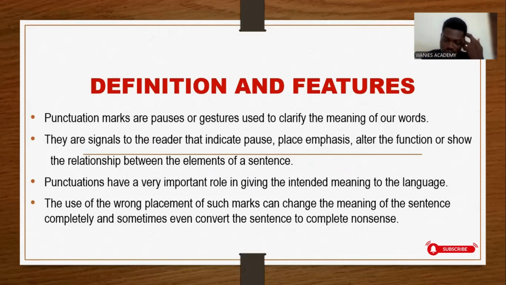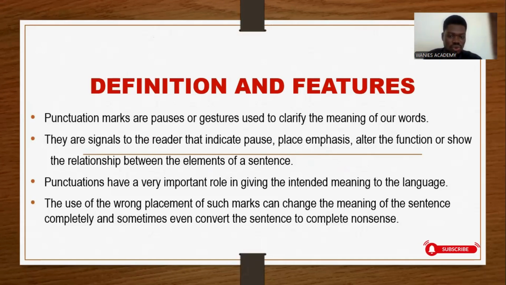They are signals to the reader that indicate pause. There's a pause there that indicates a boundary between a phrase and a clause. They indicate a pause, they place emphasis, they alter the function. We can see how the punctuation marks alter the function and the meaning of the second sentence. They alter the function or show the relationship between the elements of a sentence.